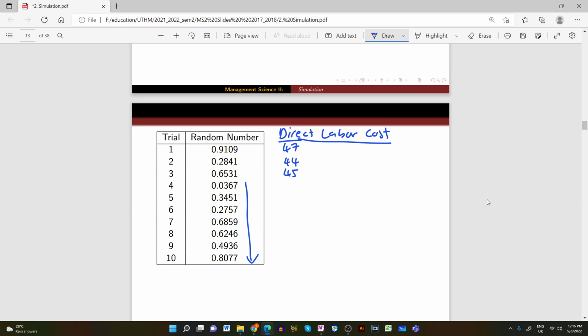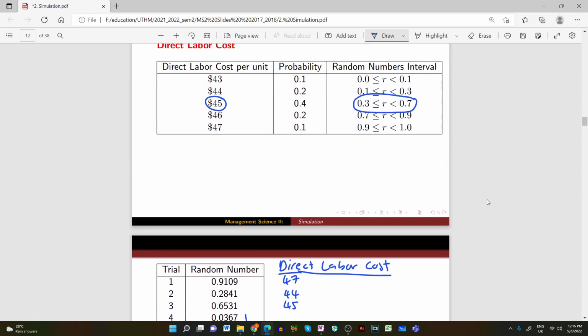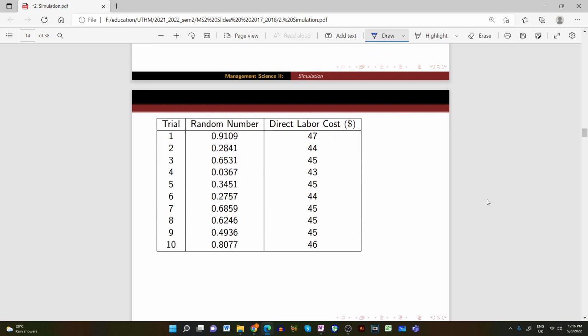So if you do that, I suppose you guys have done it, it is a very short workout there, you might end up here. So this is your direct labor cost for the 10 simulations or 10 trials. So now you understand.